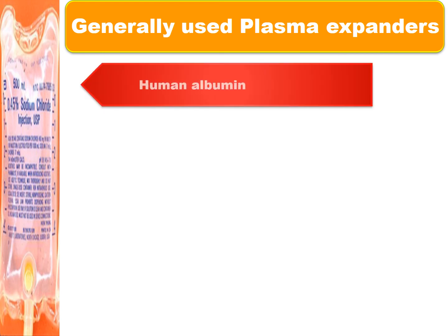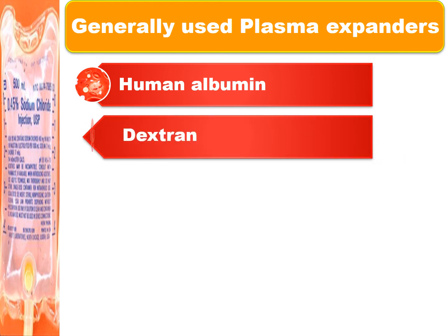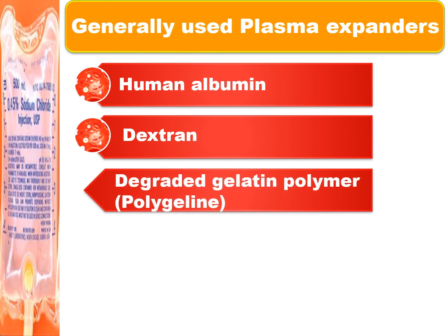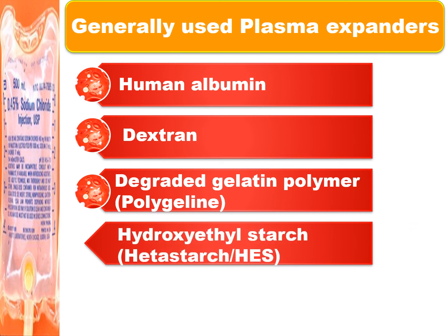Then let us discuss the plasma volume expanders employed to treat patients. Let us discuss them one by one. We use human albumin as a plasma volume expander. The second is dextran. Then the third is the degraded gelatin polymer, that is polygelene. Then the fourth one is hydroxyethyl starch, which we can abbreviate as HES, also called HETA starch.